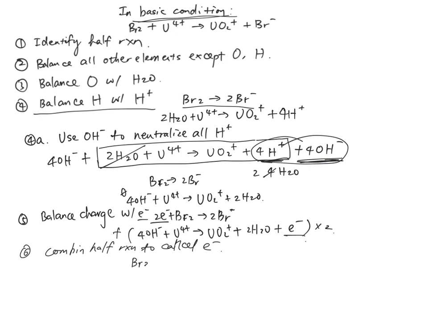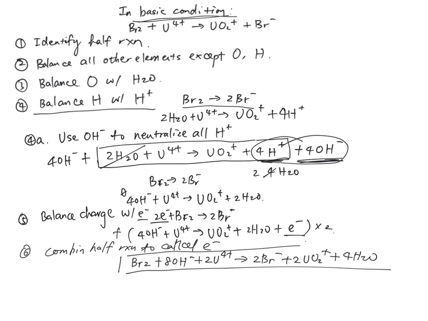And Br2 plus 4 hydroxide doubled, so 8 hydroxide and 2 U4 plus ion. And on the right side, I have 2 Br negative, 2 UO2 plus, and 4 water molecules. Now that is your balanced redox reaction in basic condition.